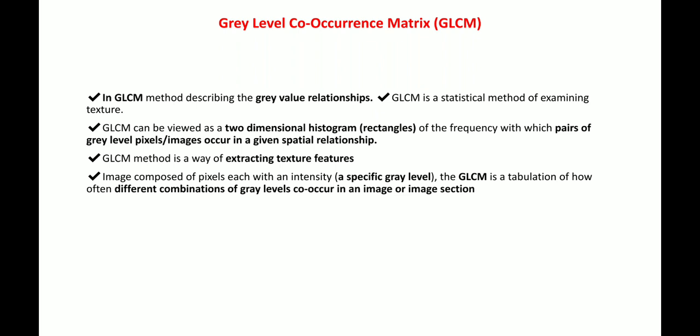Then GLCM can be used as a two-dimensional histogram, that is rectangles of the frequency of pairs of gray level pixels in the images that occur in the given spatial relationship. In this GLCM method, the two-dimensional histograms are prepared over the rectangles with their pairs.